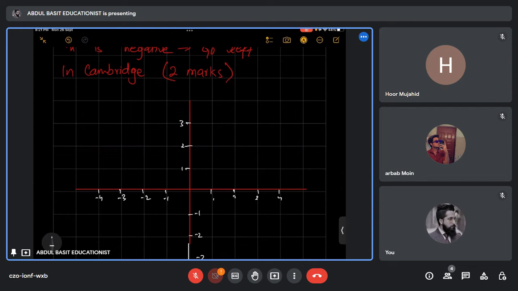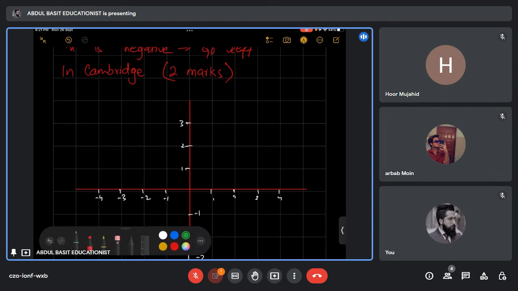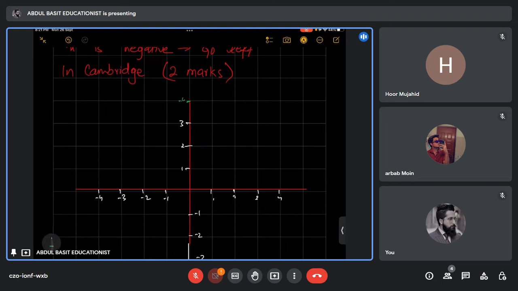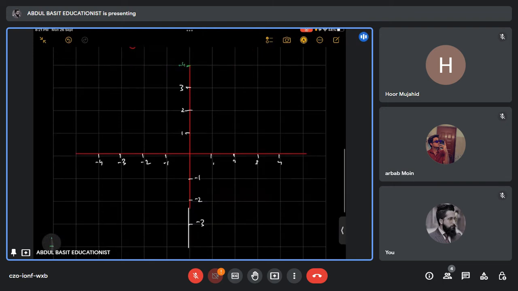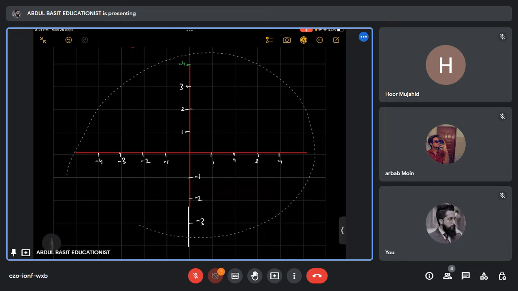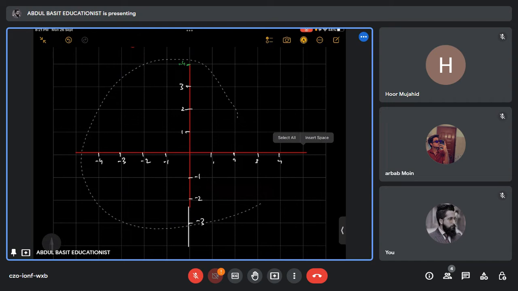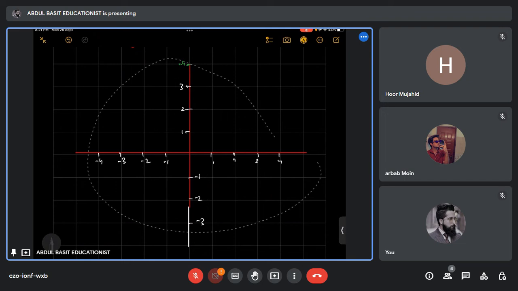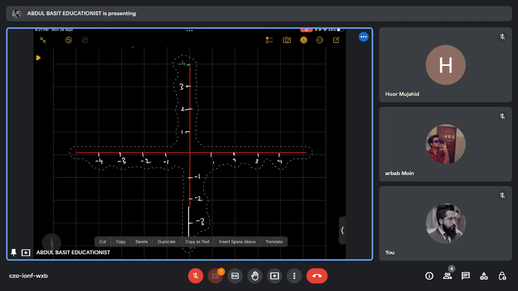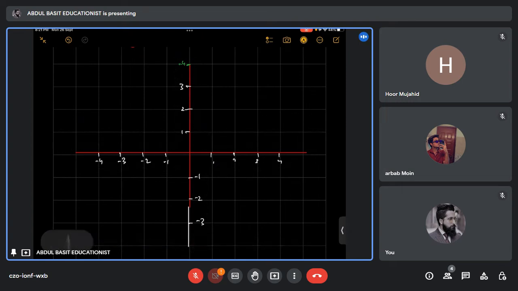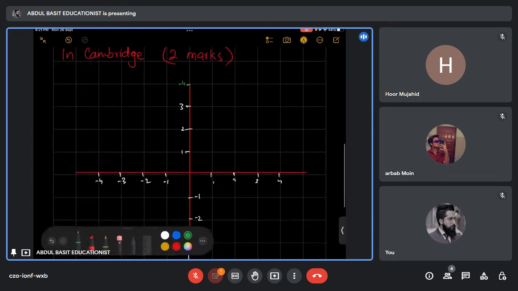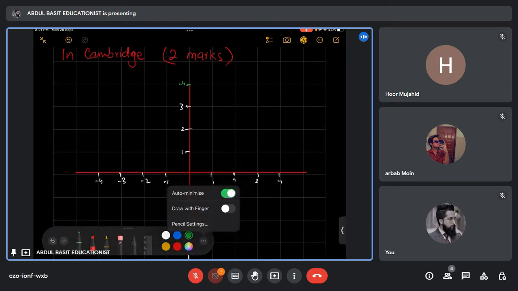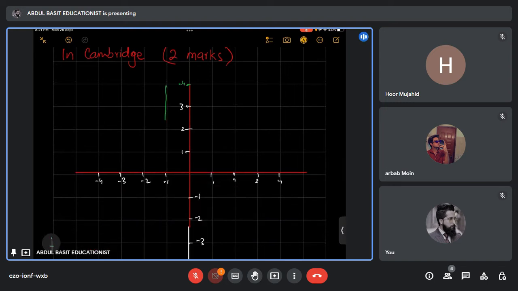Please focus everybody. First of all, let me copy this grid. Okay, done. Now I'm going to draw a shape here, like this.